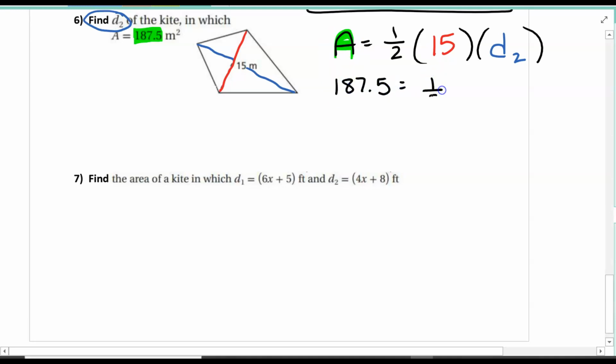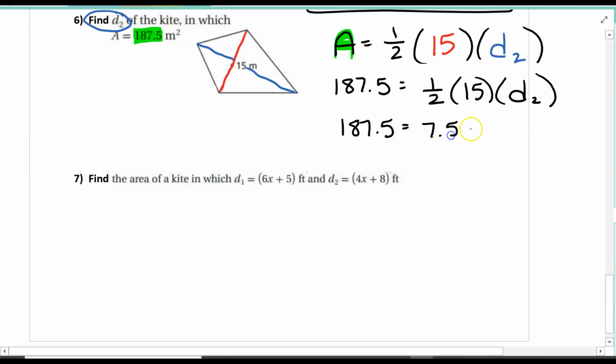So what I'm working with is 187.5 is equal to 1/2 times 15 times our missing diagonal 2. 1/2 times 15 I can simplify. I get 7.5 times diagonal 2.